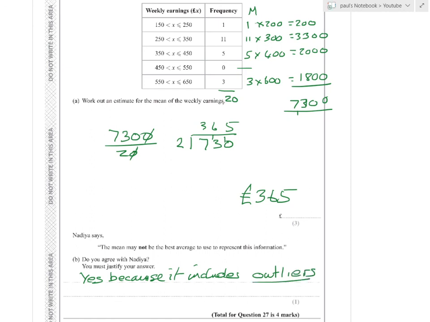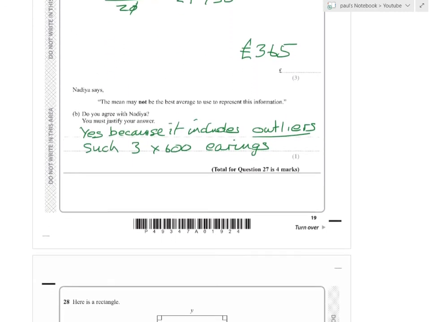Now, outliers are these things, such as 3 times 600 earnings. They're going to skew it to make it a bit higher, aren't they?